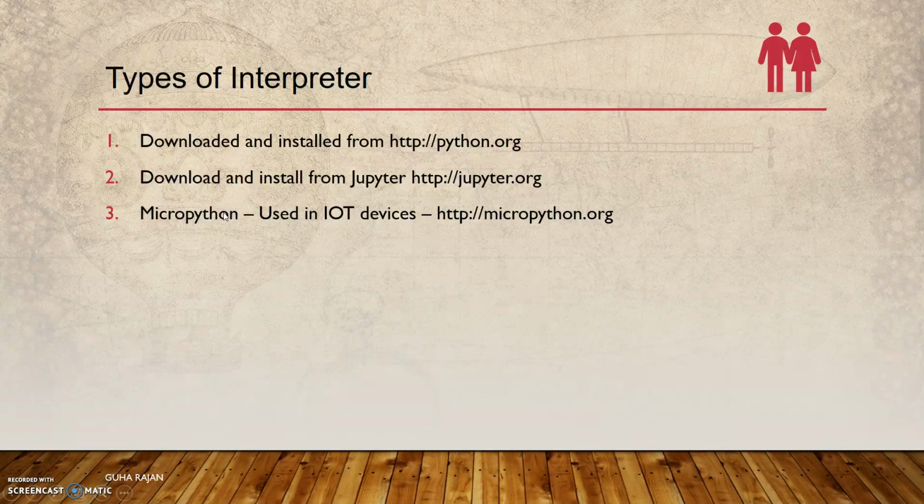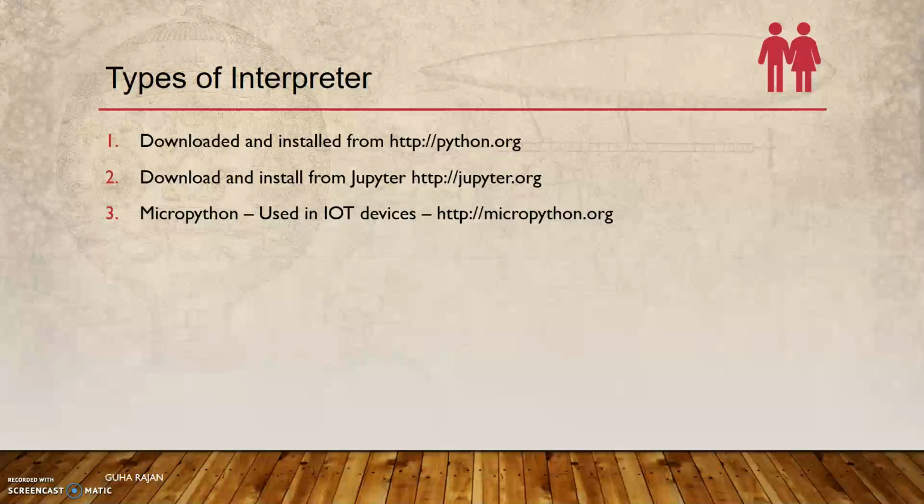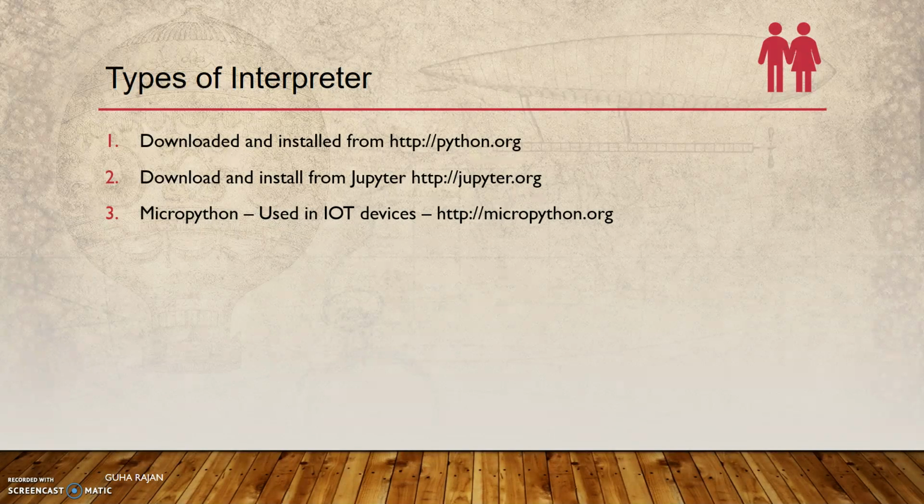It uses the regular Python version itself, because Raspberry Pi is a computer on its own. Whereas the smaller IoT devices use MicroPython, like the NodeMCU ESP8266 and ESP32.